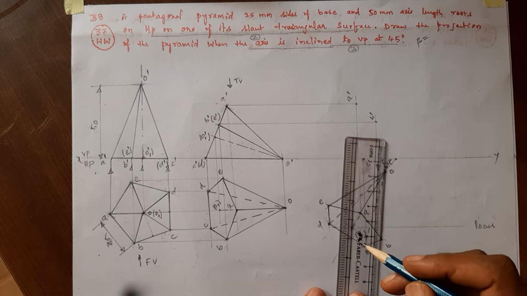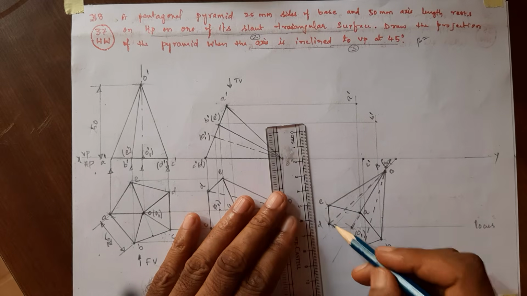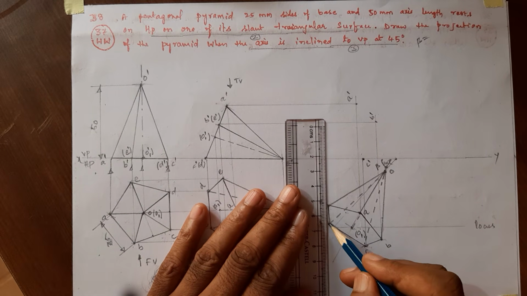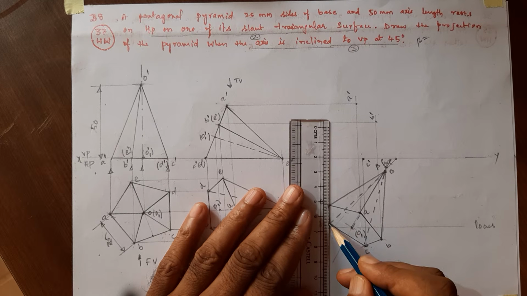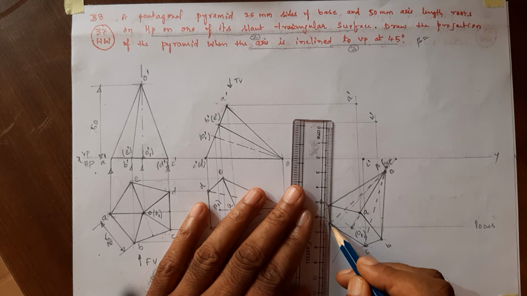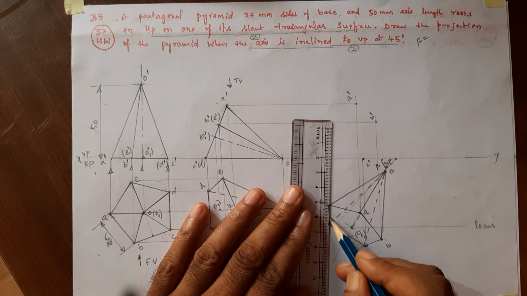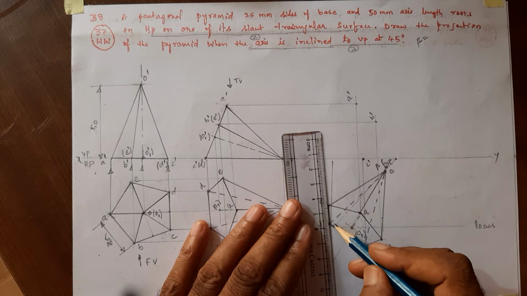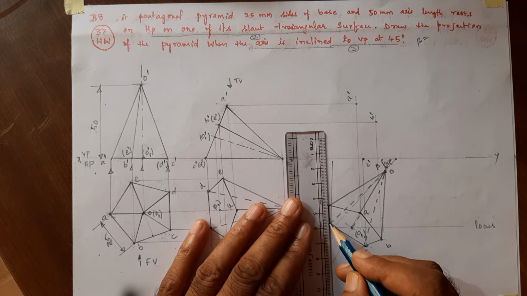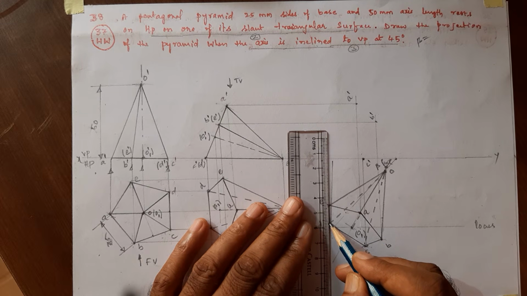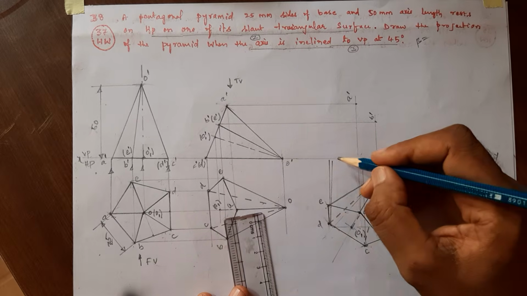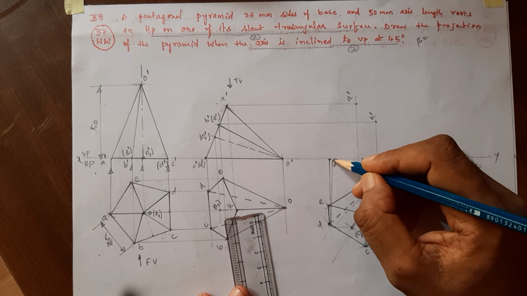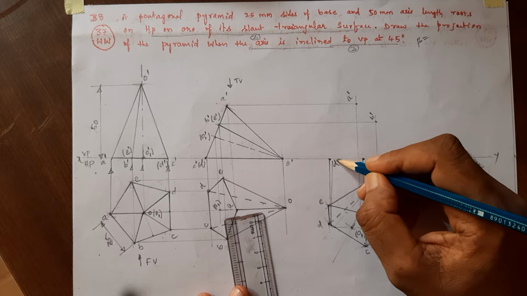Next, vertical projector line from the D. Now see, D dash in the bracket.